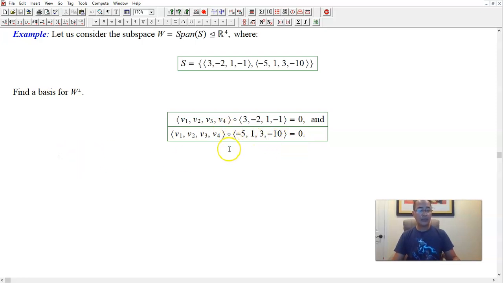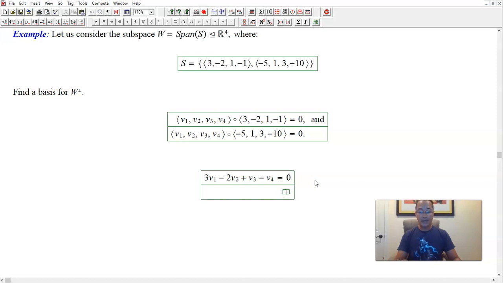But we know that we can distribute this dot product, and compute it as 3v1 minus 2v2 plus v3 minus v4 has to be 0, and minus 5v1 plus v2 plus 3v3 minus 10v4 must also be 0.